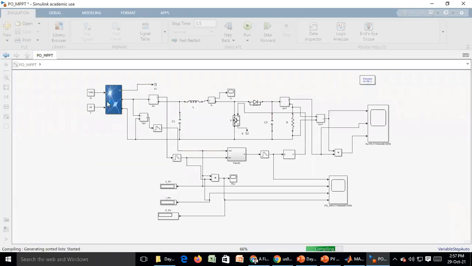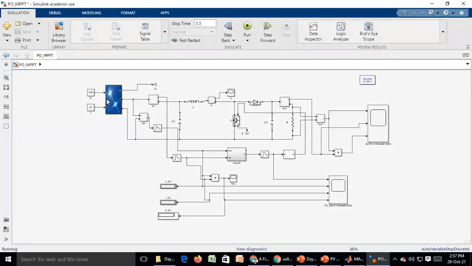The output of PV is connected as input to the DC-DC converter, whereas any partial shading condition or dynamic changes which come will be taken care of by your MPPT technique.